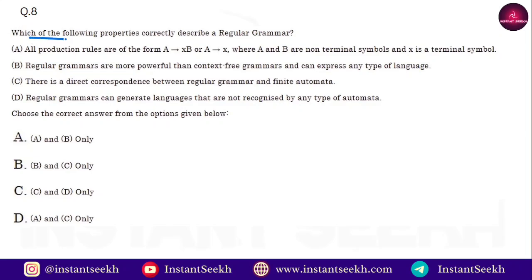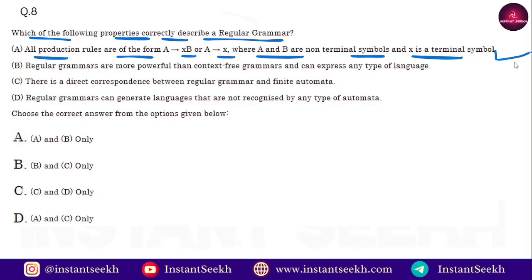Which of the following properties correctly describe a regular grammar? From the given properties, which describe a regular grammar correctly. So all production rules are of form A to XB and A to X, where A and B are non-terminal symbols and X is a terminal symbol, meaning A and B are variables and this X is a terminal symbol.